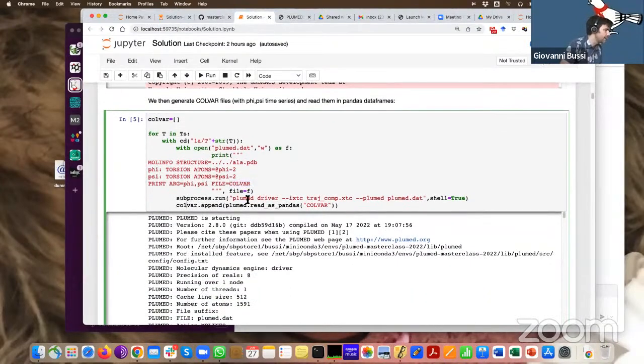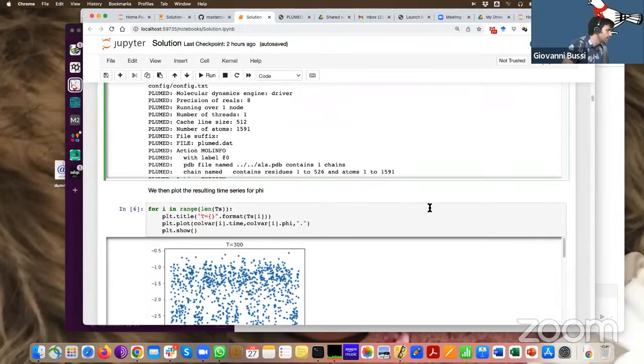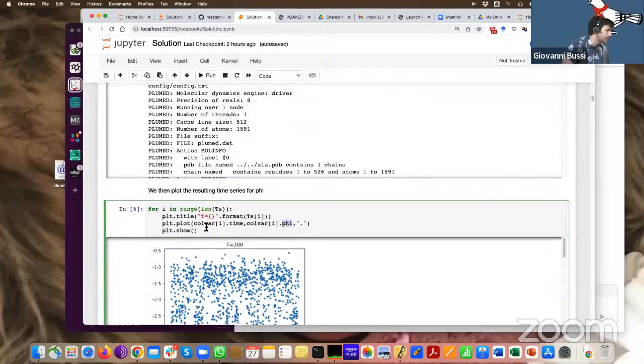And then I use read_as_pandas, which, if you never used it, I recommend you learn how to use. It's a tool to read a COLVAR file into a pandas data frame so that you can plot your trajectory using meaningful names for the columns instead of having to remember what was stored in column number 1 or column number 2.